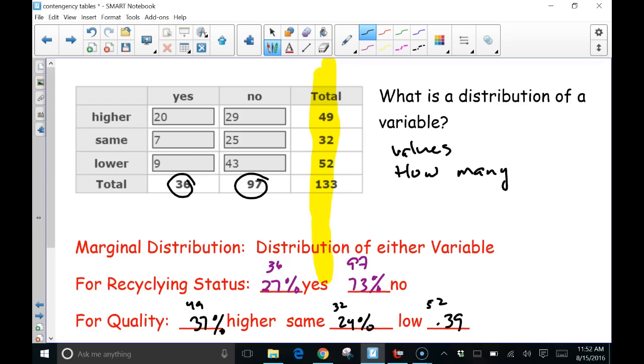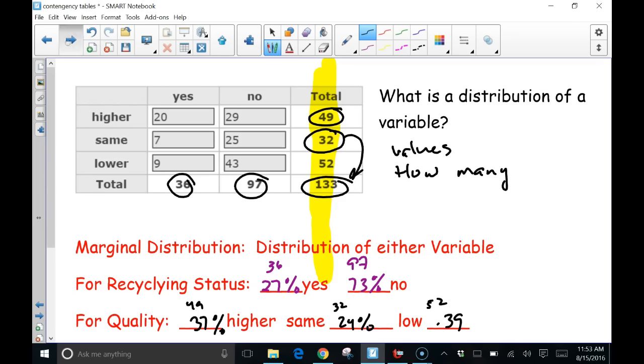And I'm getting these values just by taking the total for higher and dividing it by the 133, or the same total and dividing it by the total. Now, these are just simple calculations to get a marginal distribution. And the key is you find marginal distributions in the margin.